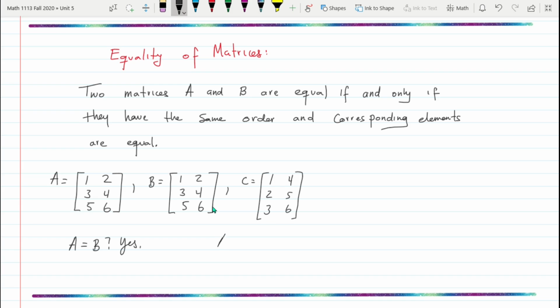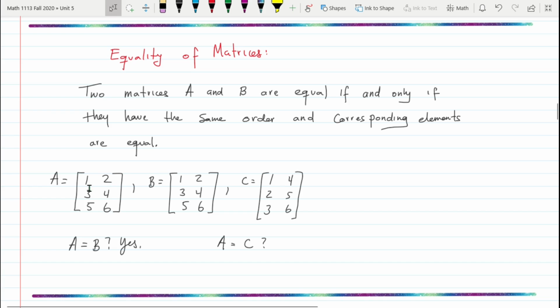What about A and C? Are they equal? We check again the dimensions. Yes, they have the same dimensions. They really have the same elements within them, right? With the numbers 1 through 6. That's good enough, right? We can just say that they're the same and move on. But we would be wrong, right? Although the first element matches, that's great. If you check everything else, other than the 6's, nothing else matches.